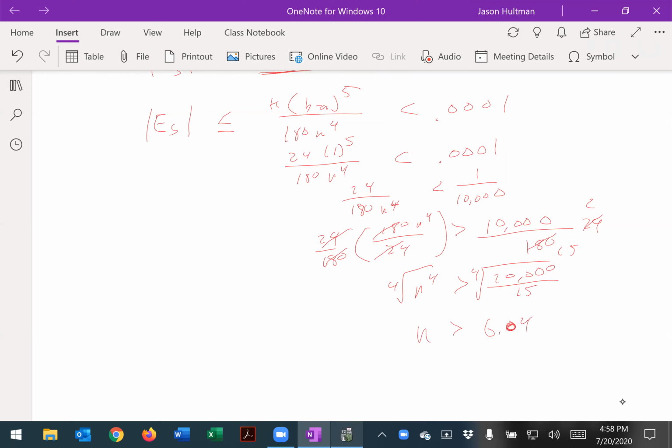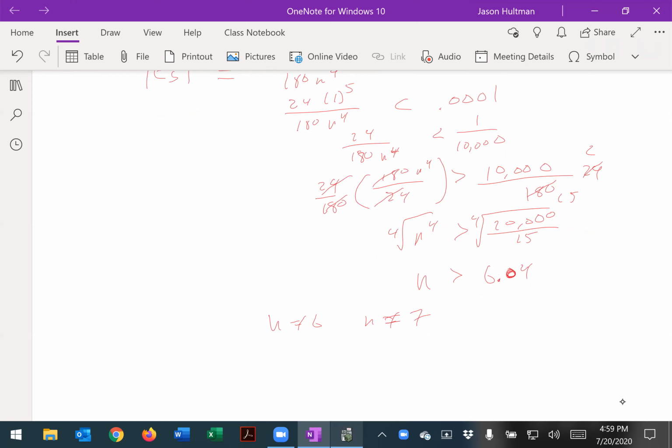Okay, so what is n? n cannot be 6. It also cannot be 7. So n cannot equal 6 and n cannot equal 7. It can't equal 6 because it's too small. But why can n not equal 7?